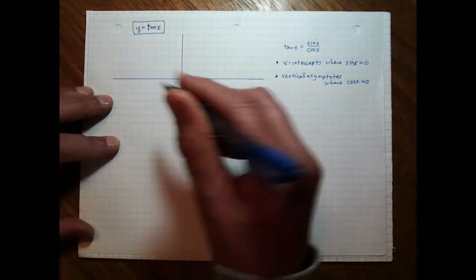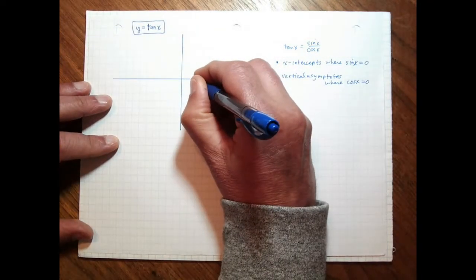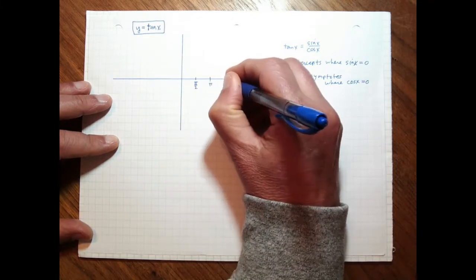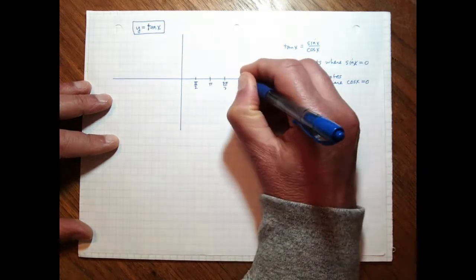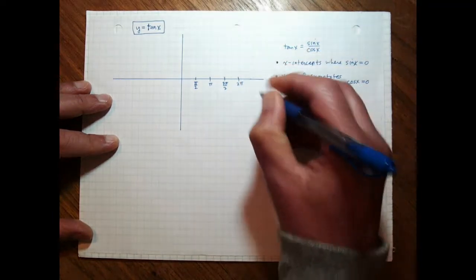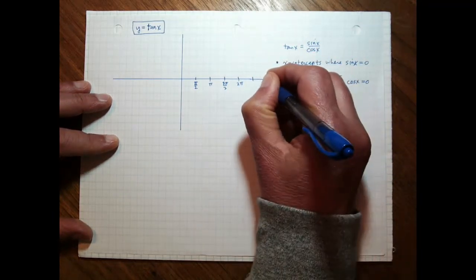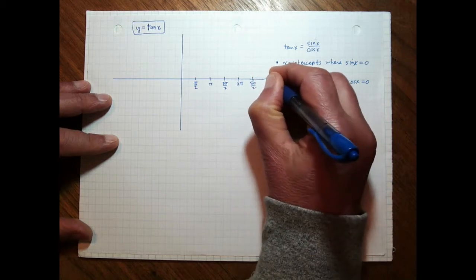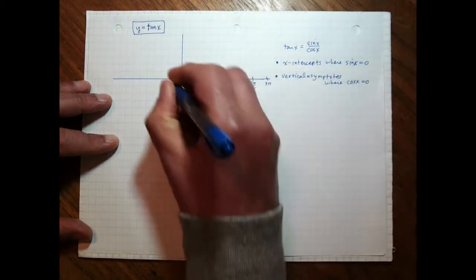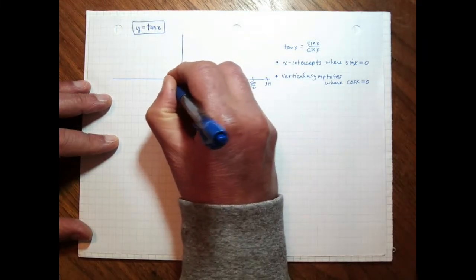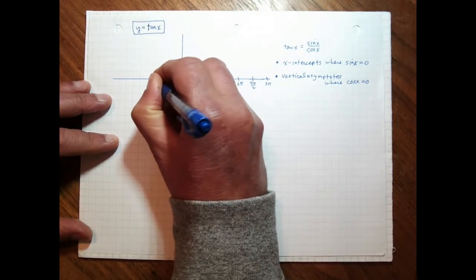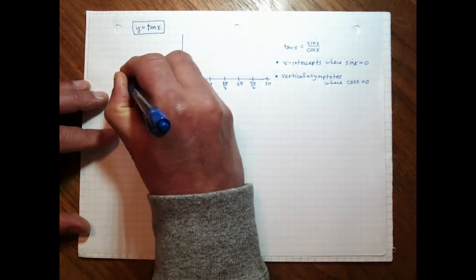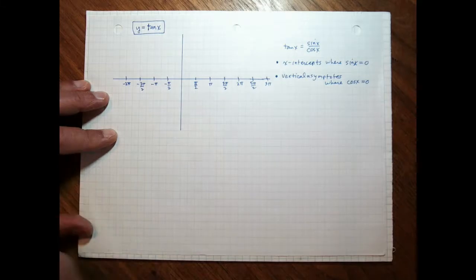So let's go ahead and I'm going to just label pi over 2, pi, 3 pi over 2, 2 pi, 5 pi over 2, 3 pi, and negative pi over 2, negative pi, negative 3 pi over 2, negative 2 pi.